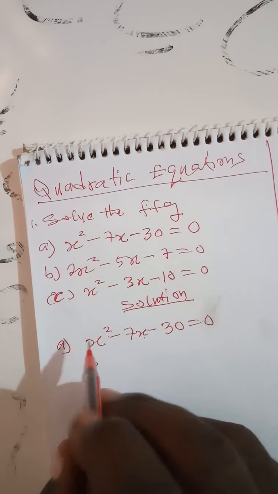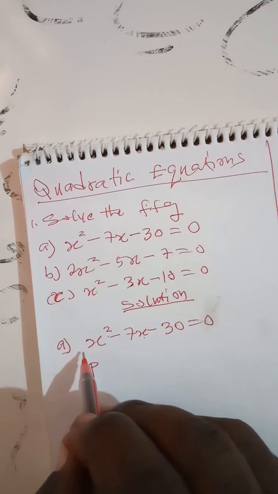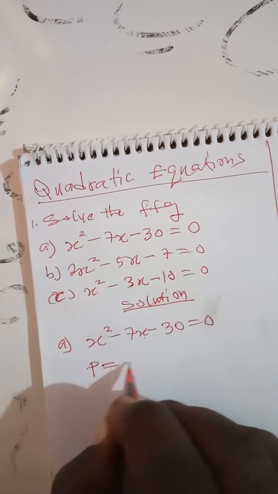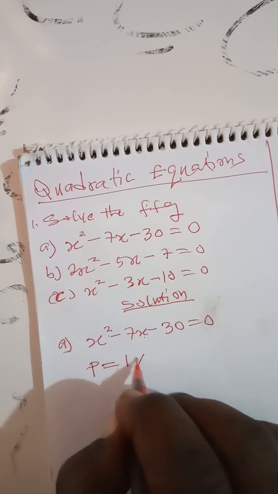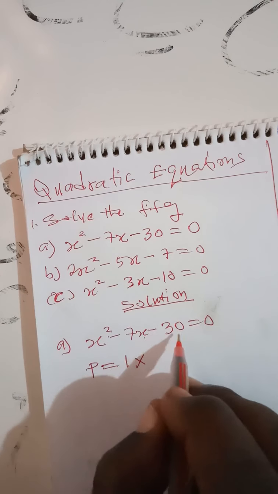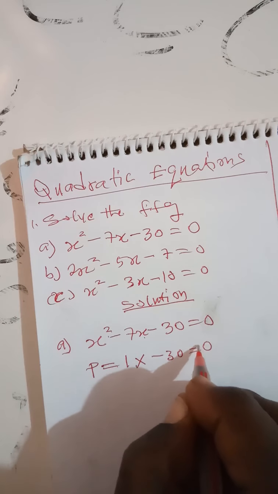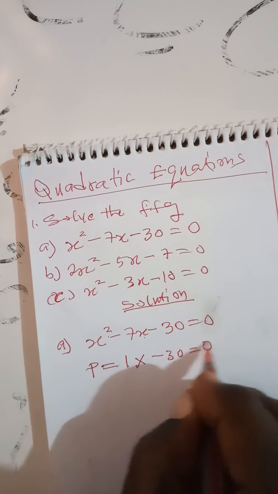So my product now is going to be the coefficient of the first term and then the constant term. So the product I'm dealing with is going to be 1 times, mind you, this is minus 30, not just 30, which is equal to minus 30.